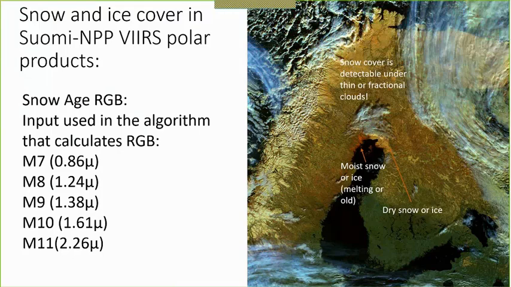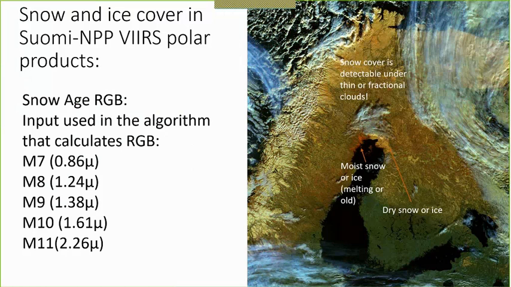And then finally, maybe the most interesting product, at least in my opinion, is this Snow Age RGB. And this is a really nice product for having information about the microphysics of the snow and ice cover, because we have information about the age or how moist the snow or ice is.